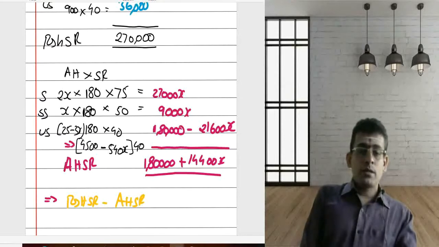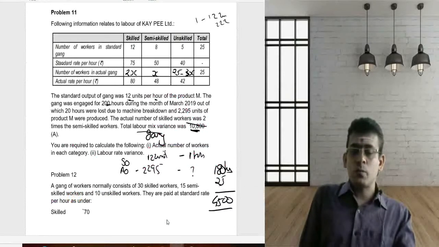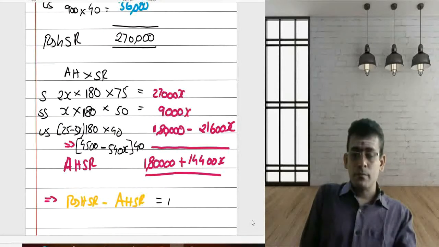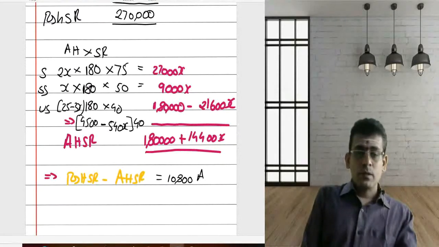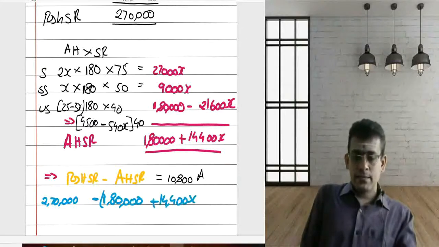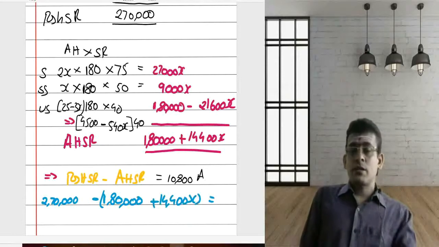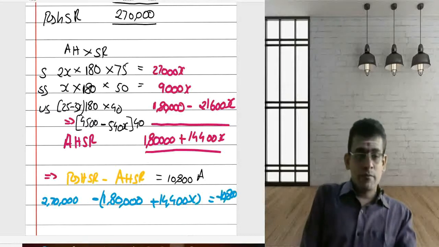Now the problem clearly specifies this is equal to 10,800, adverse. RSH into SR is 2,70,000 minus AH into SR. The equation is 1,80,000 plus 14,400x is equal to 10,800 adverse, so I will put it as minus 10,800.